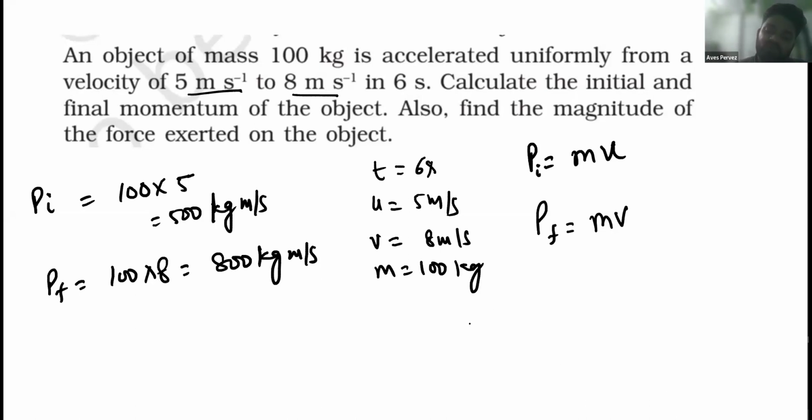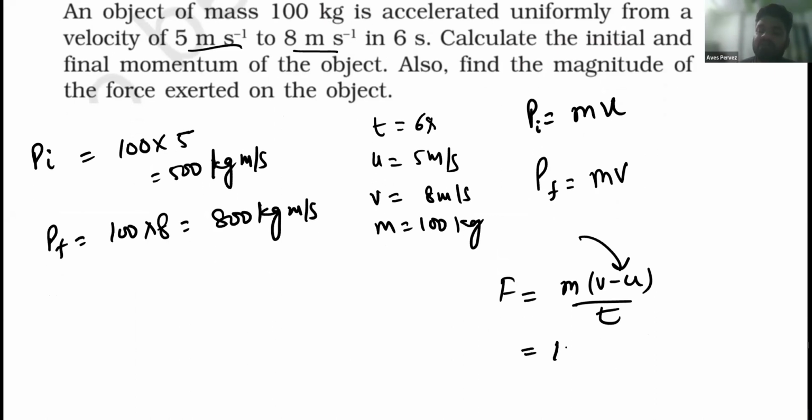You can do this one also. And you can use this one. We need to find out the magnitude of force. The force is also equal to change in momentum, that is M times (V minus U) by T. So you can use this formula also. (V minus U) by T is actually A. So this is 100, and final velocity is 8 minus initial velocity 5, upon time 6.